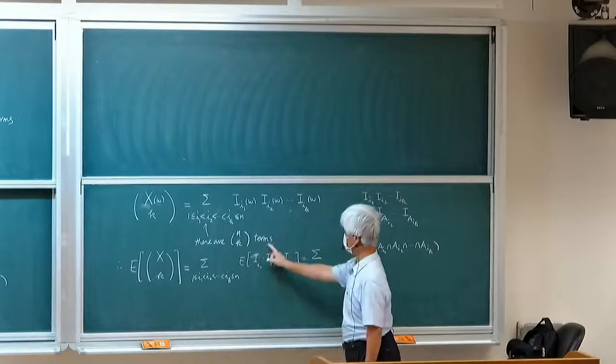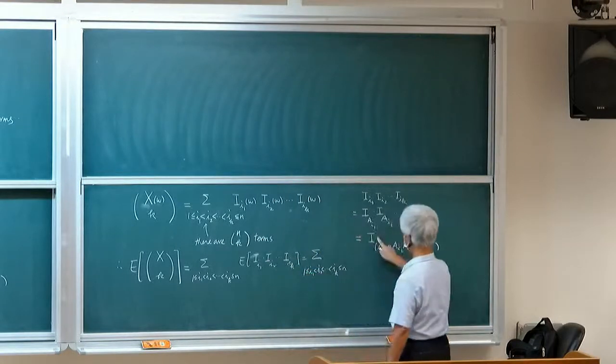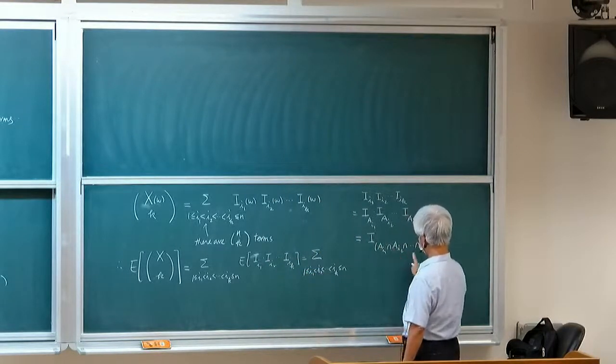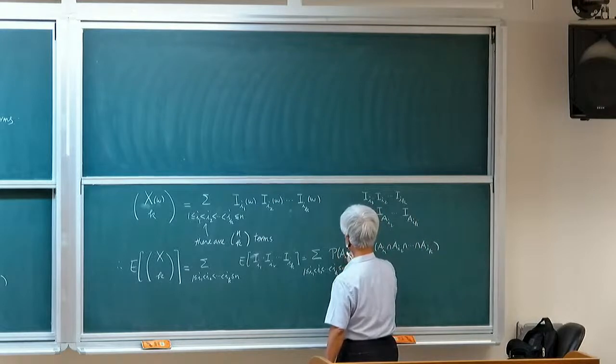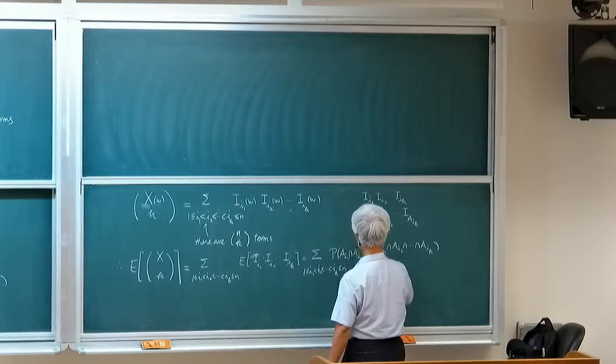And because the product of these indicators is equal to the indicator of the intersection of these events, this is the probability of A_{i1} intersect A_{i2} intersect up to A_{ik}.